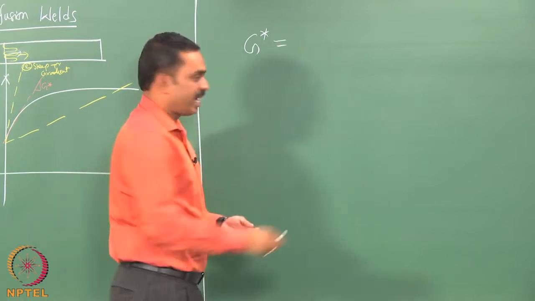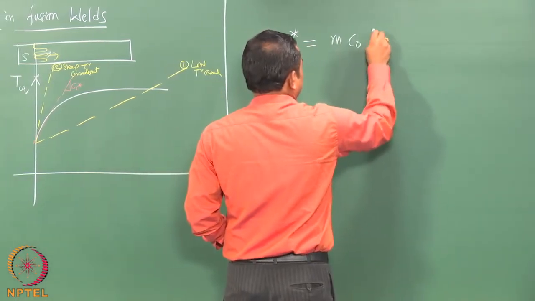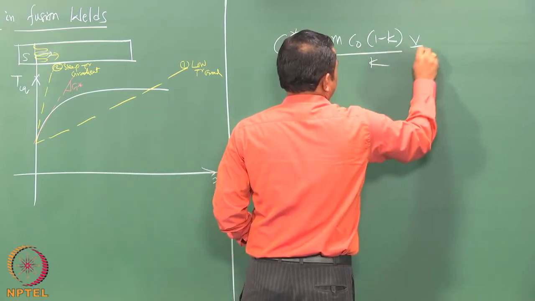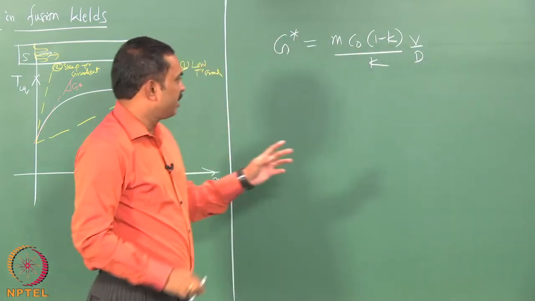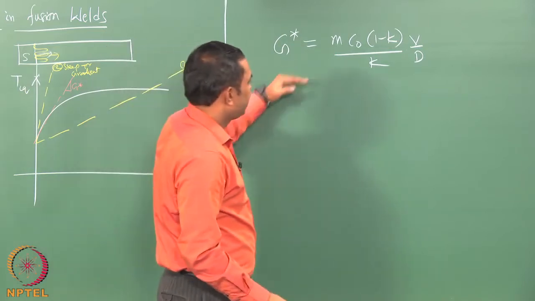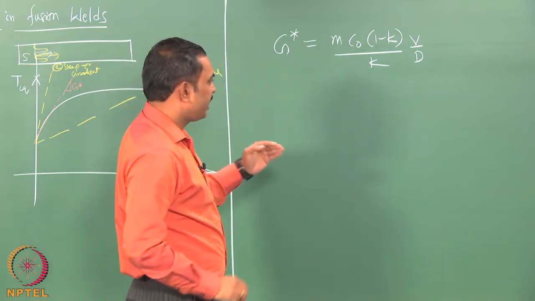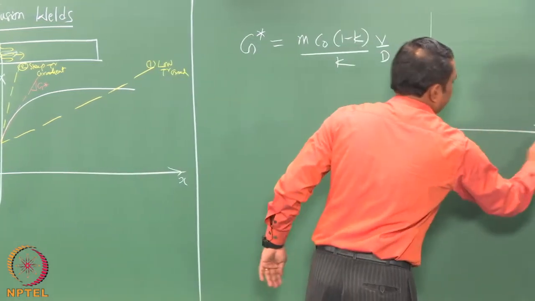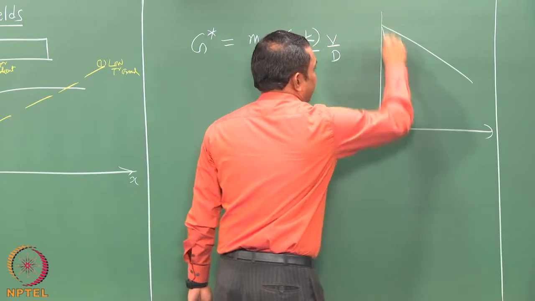G star we have written as m C naught into (1 minus k) by k, times V by D. This expression is to be seen in relation to the idealized phase diagram as follows. The phase diagram itself we drew earlier as a simple dilute alloy phase diagram.